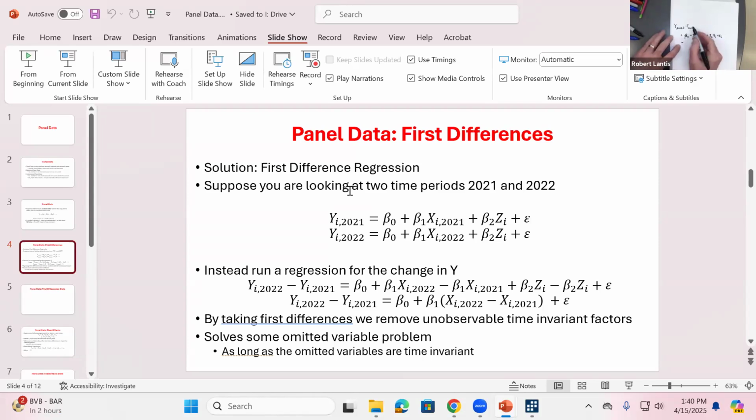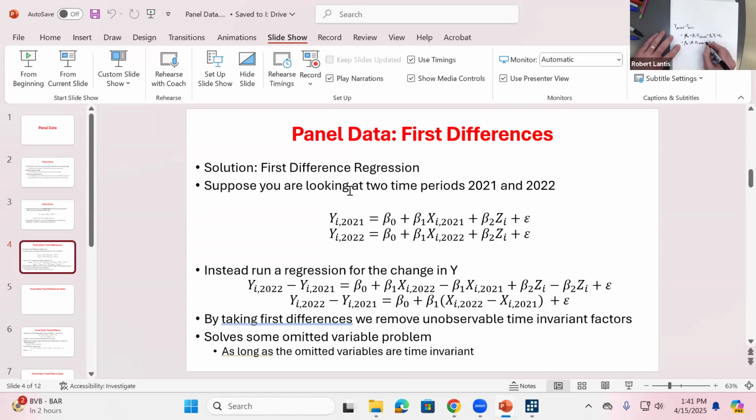Now I'm subtracting from that Y, which is the exact same equation, but for 2021.